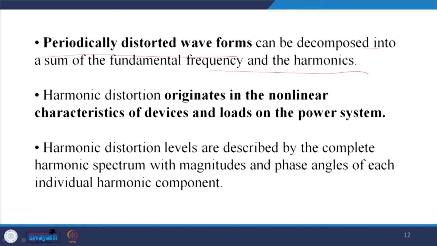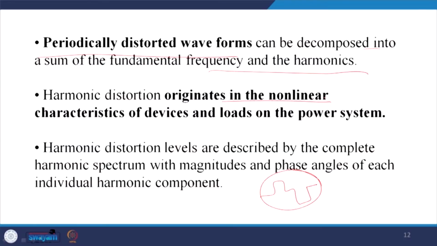That is, you can have this waveform, a square waveform, or a distorted sine waveform, and it can be split into sine and cosine components with corresponding harmonics in a Fourier series. Harmonic distortion originates in the nonlinear characteristics of devices and loads on the power system.